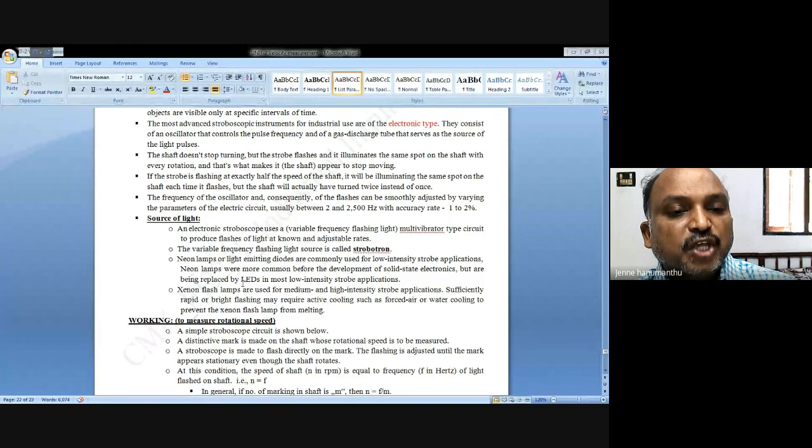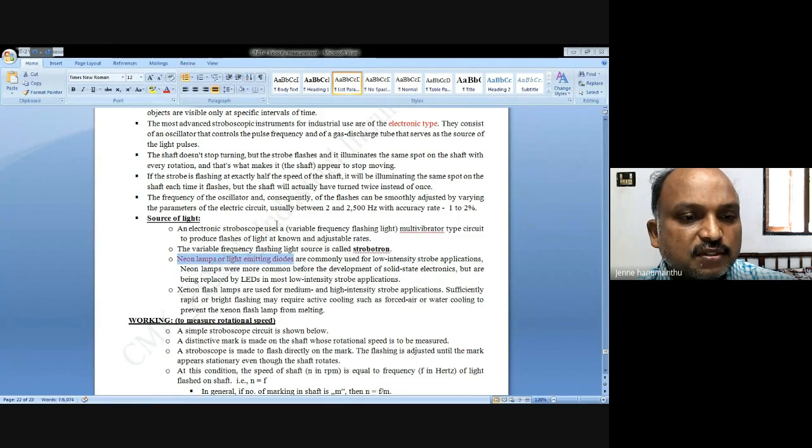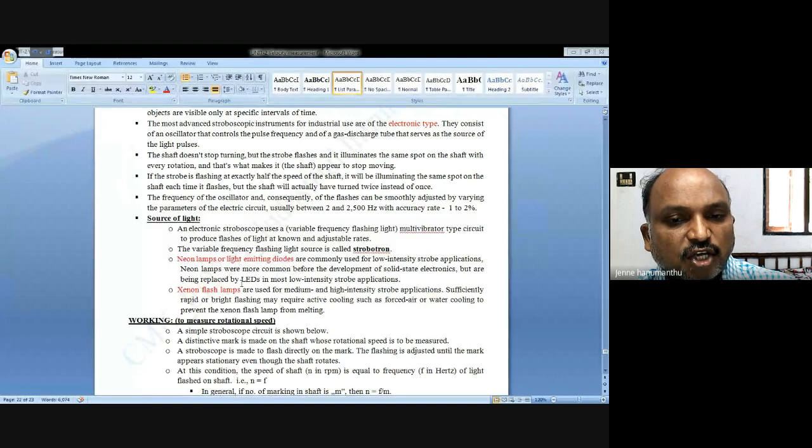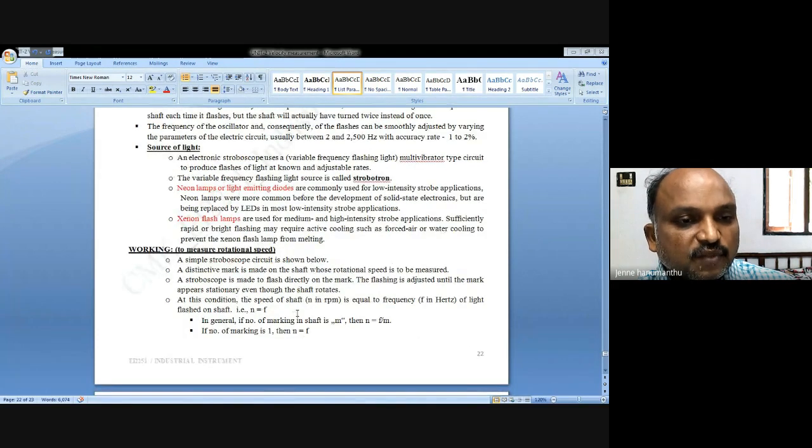Sometimes you can use neon lamps, light emitting diodes, or sometimes xenon flash lamps. These you can use as light sources.